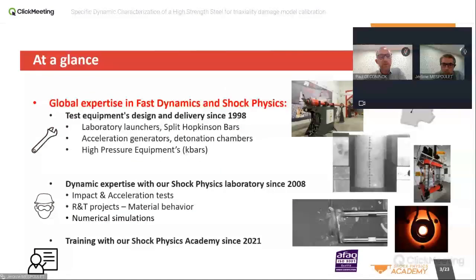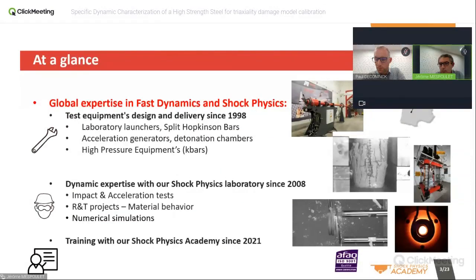Just a short slide about THIOT. THIOT has two main core activities. The first one is the design, manufacture, and delivery of test equipment related to shock physics studies. We've been doing this activity for more than 34 years.